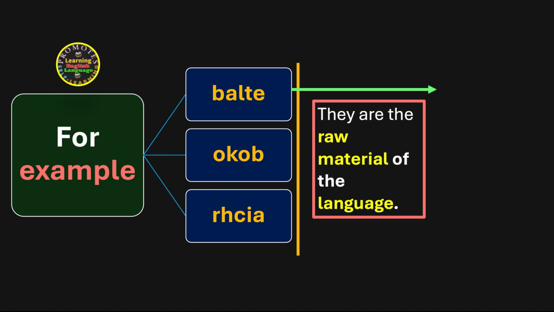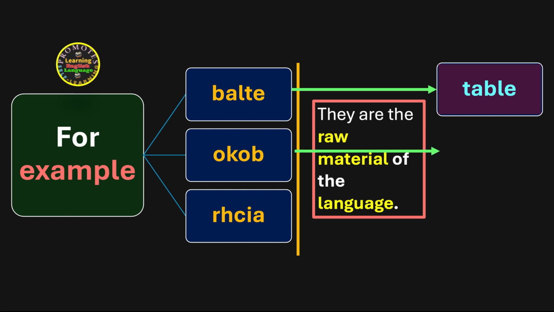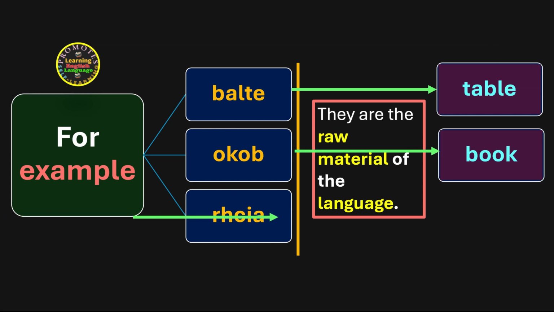But if we give them proper shape, proper form, they convey some meaning. And what is that? It becomes table, T-A-B-L-E, because we have put them into a proper form, into a shape, and then they give us meaning. Likewise, this becomes book, and this set of letters becomes chair.